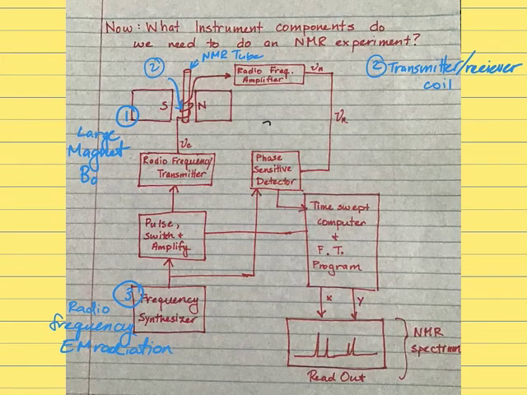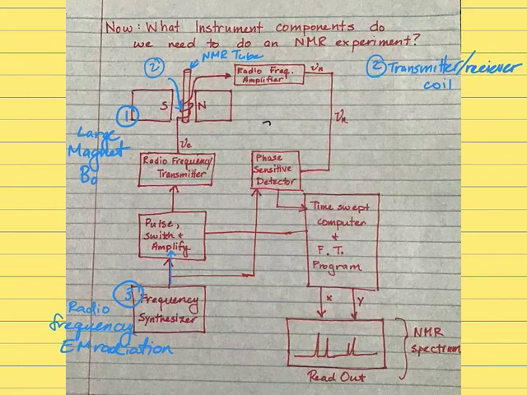As I mentioned in the very first video, NMR works using the radio wave region of electromagnetic radiation, and it uses the magnetic component of it. So this instrument component down here will be what generates the electromagnetic radiation. That's going to pass through a pulse switch and power amplifier.